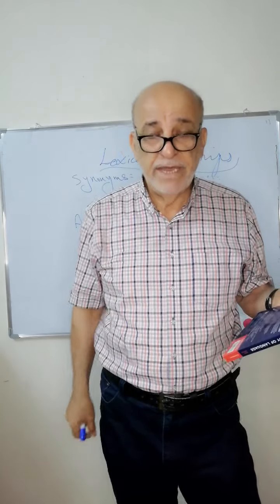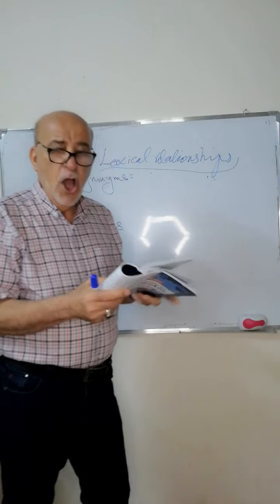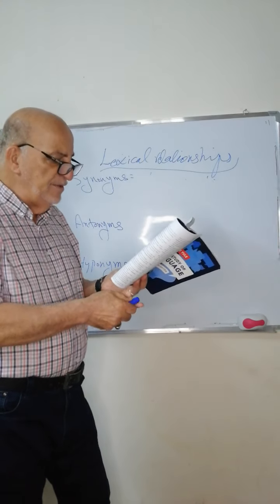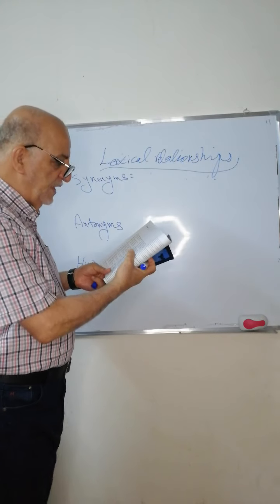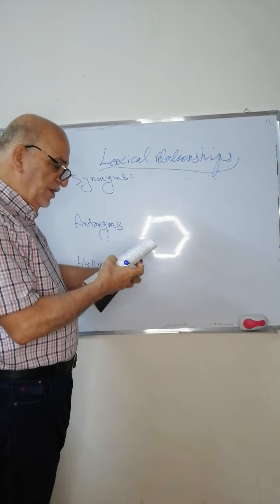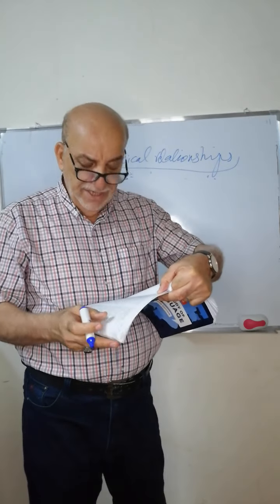Cold can be a noun, can be an adjective. So here we are talking about opposites. Now what does he say about antonyms? He says a lexical relation in which words have opposite meanings.